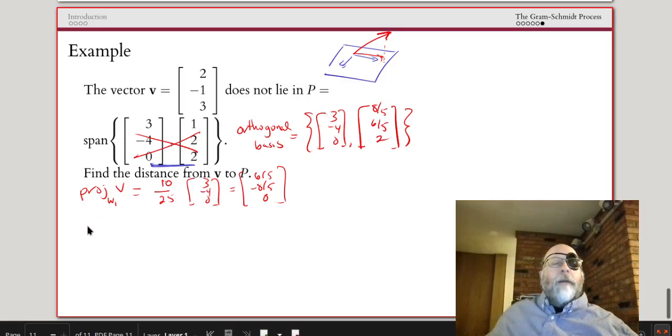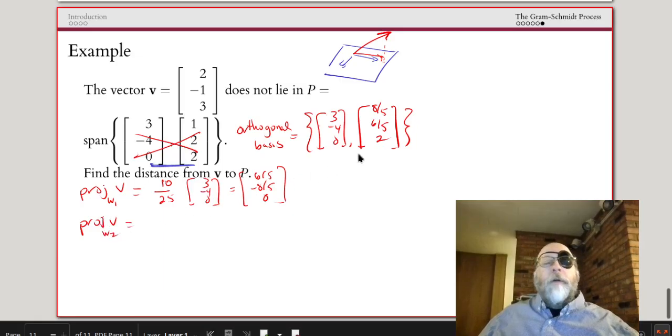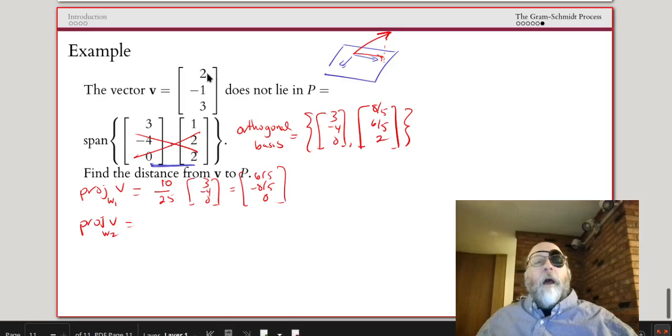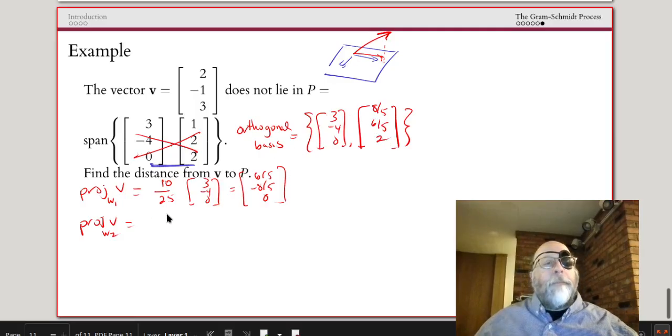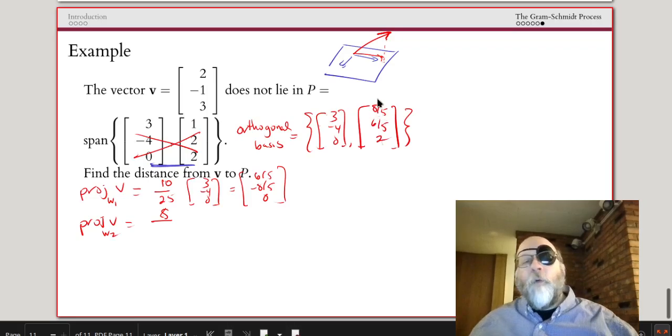All right. Then we're going to project V onto W2. So the dot product of 2 and 8/5 is 16/5, minus 6/5 is 10/5, which is 2. 2 and 6 is 8. Is that right? And then the dot product of W2 with itself is 64 over 25 plus 36 over 25 plus 4.